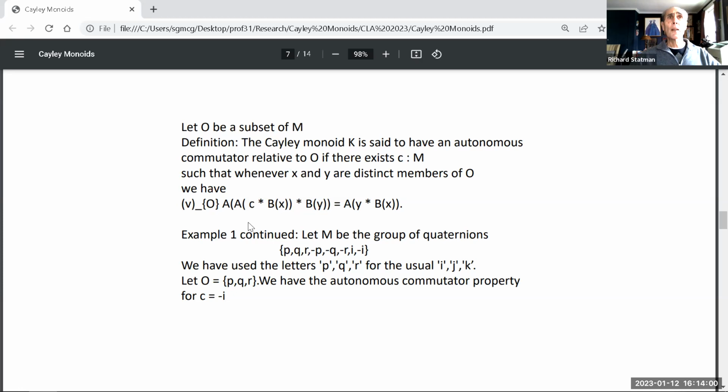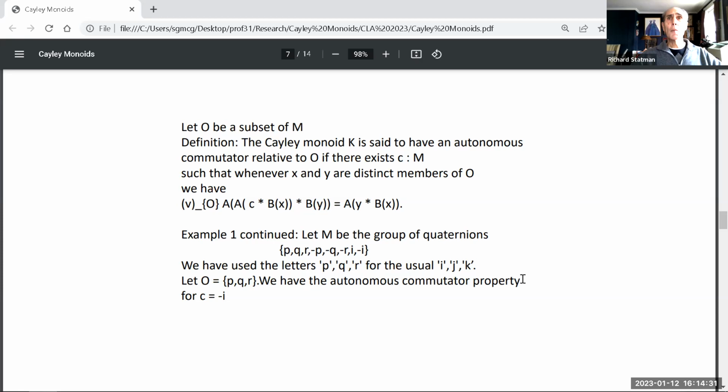But one of the motivating examples was the following. So take the group of quaternions. And I've labeled them P, Q, and R, minus P, minus Q, minus R, I and minus I, because there's just too many uses for the letters I, J, and K. So it doesn't matter which ones they are, as you know. So that's I, J, and K. So let O be this set, the generators.